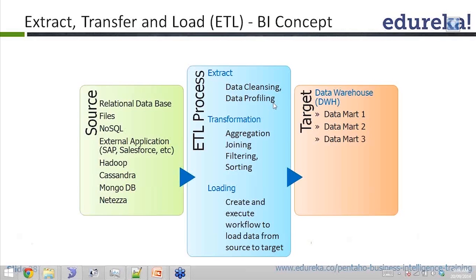So source data can be relational databases, files, NoSQL, external applications, Hadoop, again big data, HDFS. The NoSQL data sources like Cassandra, MongoDB, CouchDB, Netezza. So these are the sources. On the target side, typically it will be a data warehouse, and as somebody mentioned, a data warehouse will have multi-dimensional data.